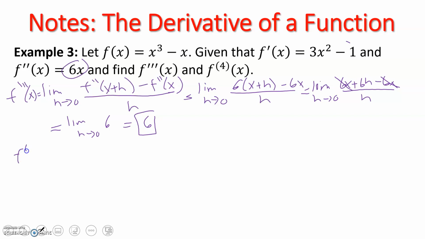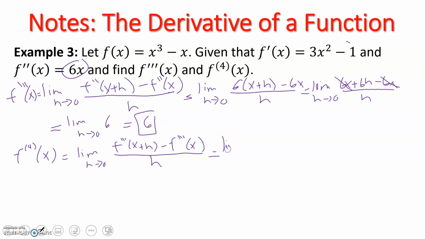Now, last but not least, let's find the fourth derivative. So that is the limit as h approaches 0 of f triple prime of x plus h minus f triple prime of x over h, which in this case is the limit as h approaches 0 of 6 minus 6, because in all situations, triple prime gives 6 regardless of the input for h or for x.